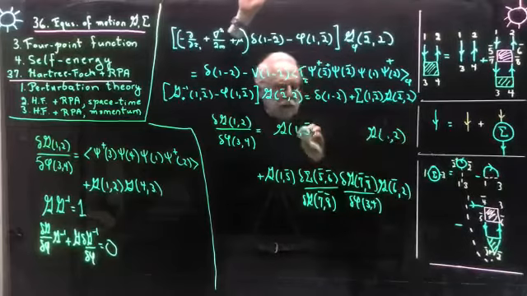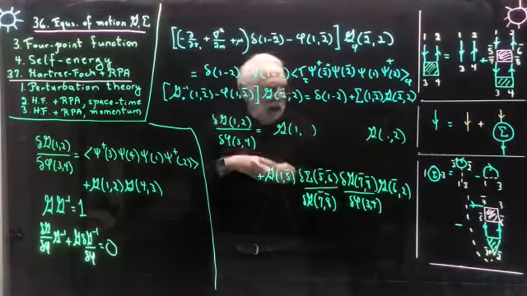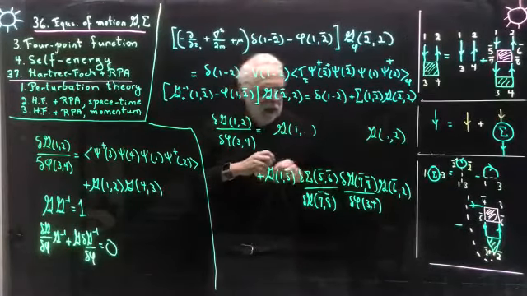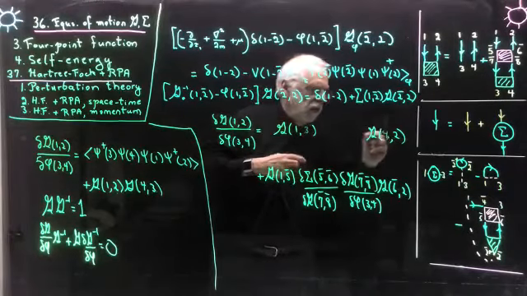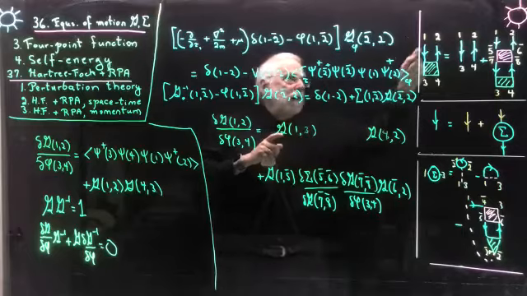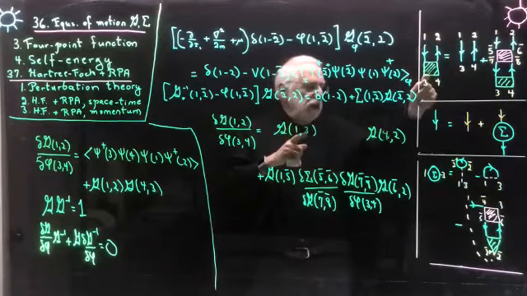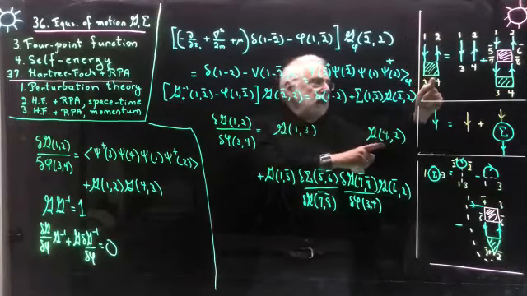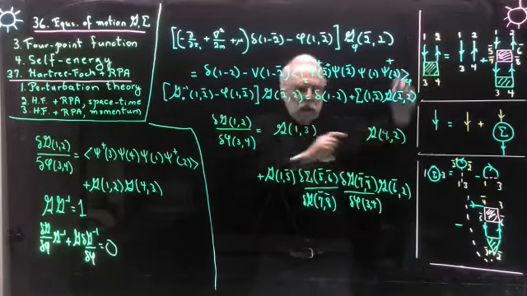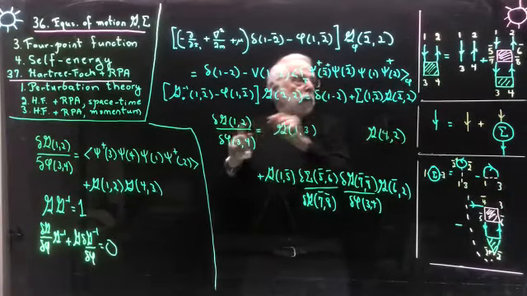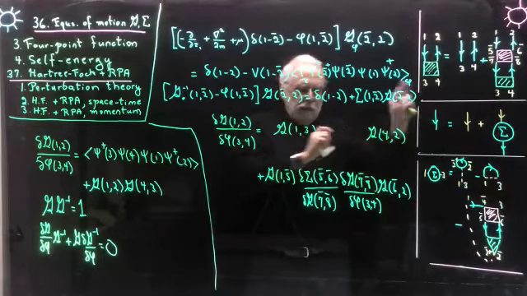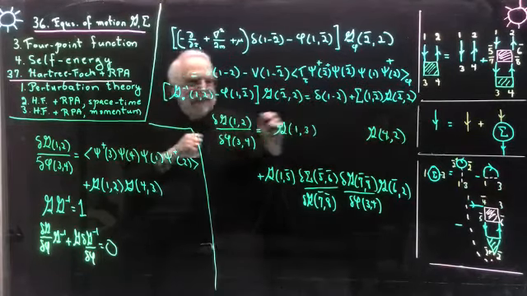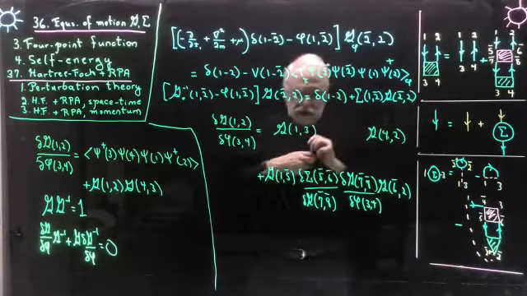So I have G13 and G42. These two labels were together, so they're still together here, and 3, 4 at the bottom. So these are these two Green's functions.